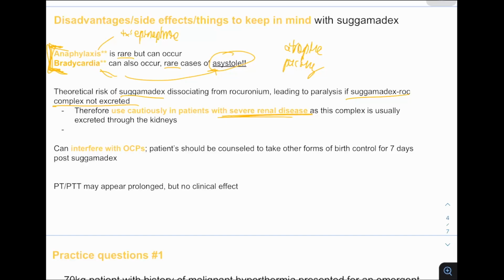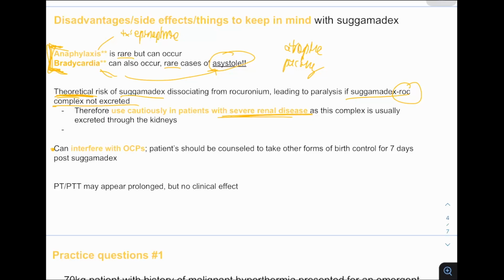And if the complex dissociates, ROC is then available to bind onto the acetylcholine receptor and cause paralysis again. Again, this is just a theoretical risk. There hasn't been a lot of clinical research about this happening, but just keep this in mind. This is sometimes tested on exams.